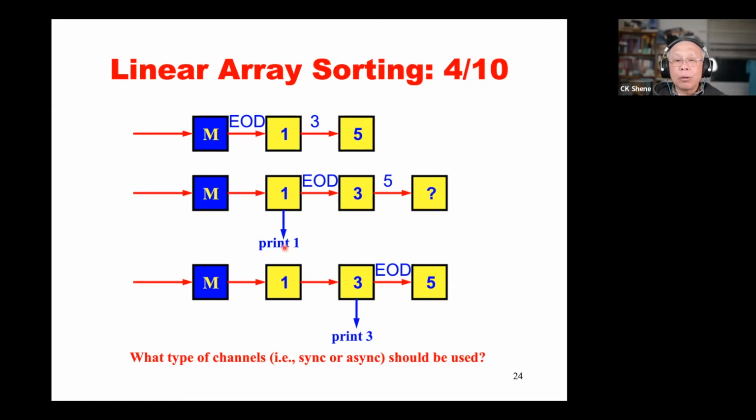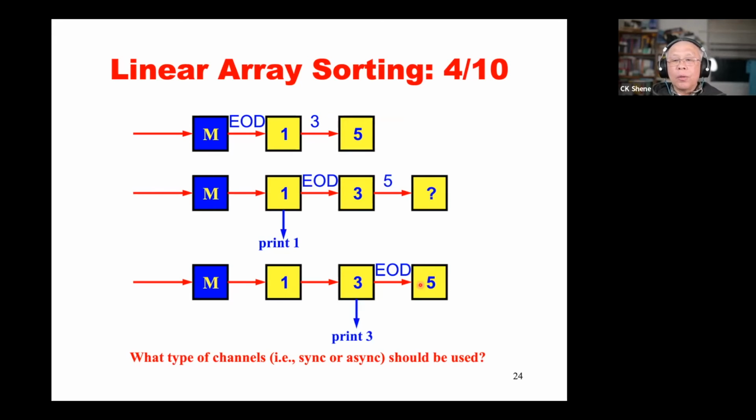It could print it out, but we have to remember the dynamic behavior we will illustrate very soon. And then EOD, end of data, is sent to 3. Because the second sorting thread received EOD, the number it memorizes is the smallest one, so it prints 3 out and sends EOD to its successor.